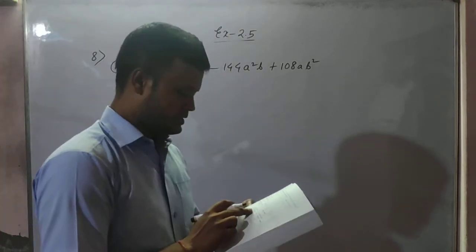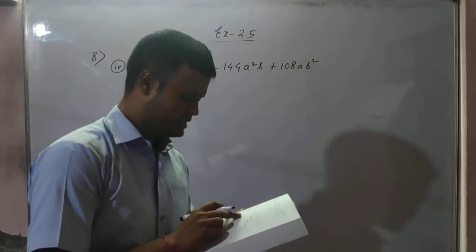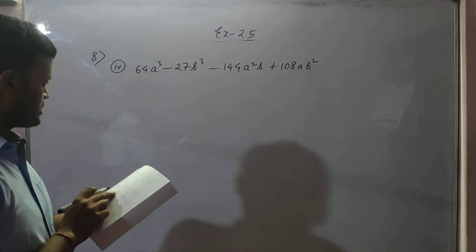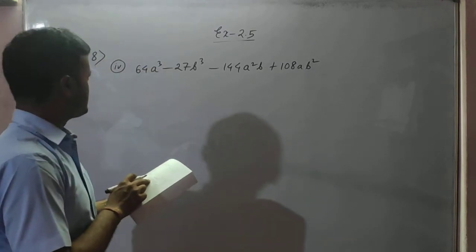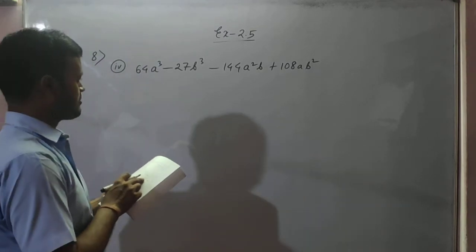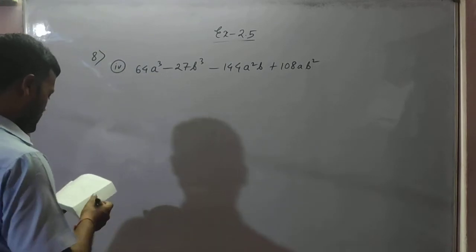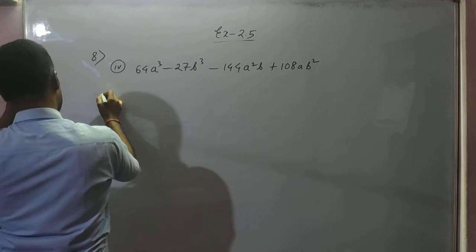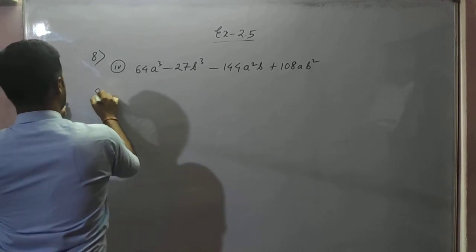64A cube minus 27B cube minus 144A square B plus 108AB square. Okay. Solution.